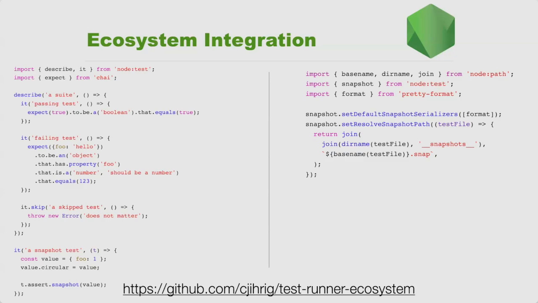And then node test and Jest actually store their snapshot files in different locations. So this setResolveSnapshotPath is an API that we provided that can be used to customize where the snapshot file itself is saved. So whenever you run this now, you should get an output that is snapshot files that are similar to Jest.